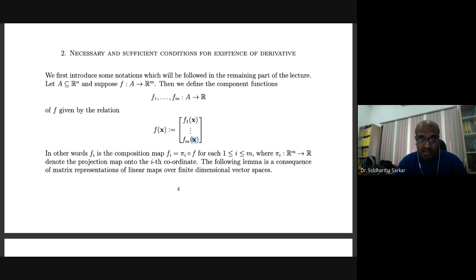I define the ith entry of this function as fi, and I am going to call these the component functions of my original function f. In particular, this function fi is nothing but the function f composed with the projection onto the ith coordinate. That is what gives you the ith coordinate of this function.